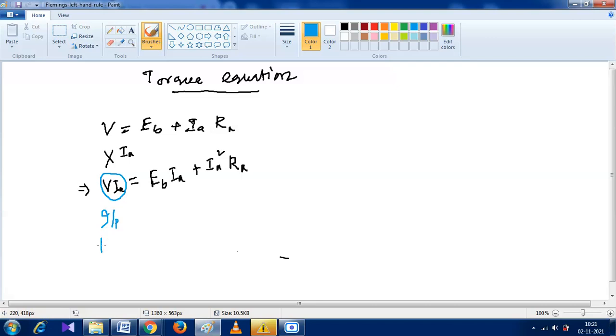Because we are supplying the terminal voltage V, and the armature current is flowing.